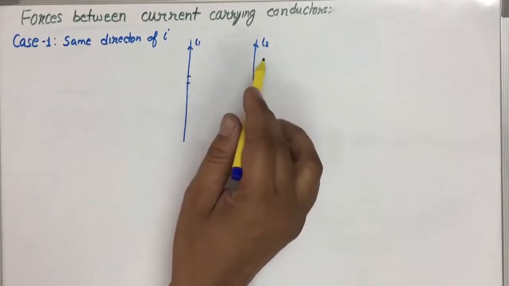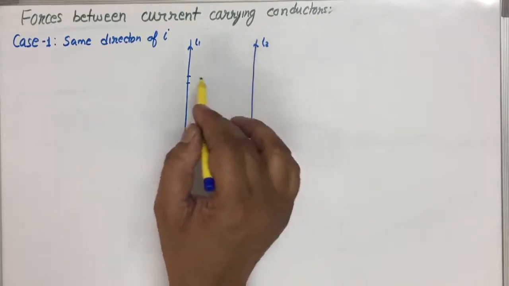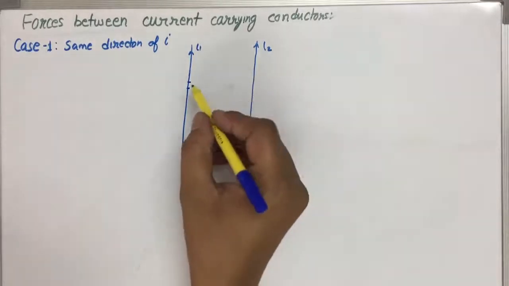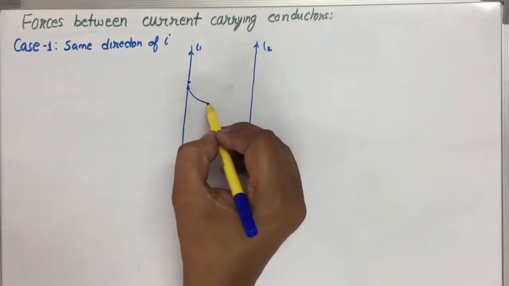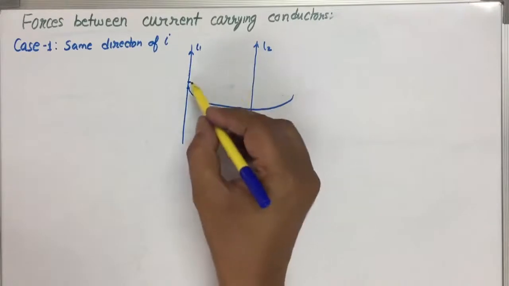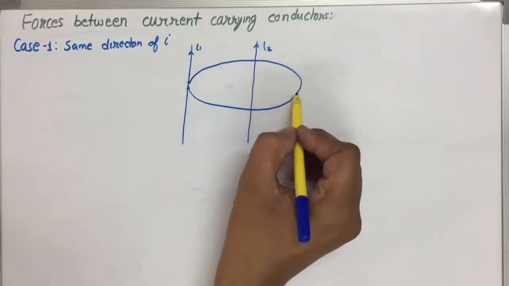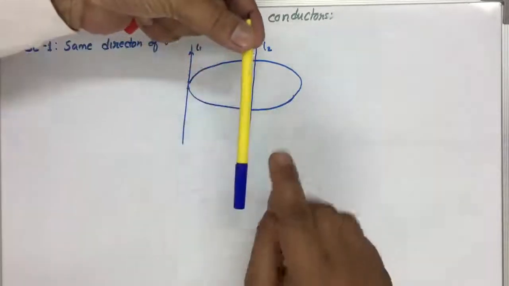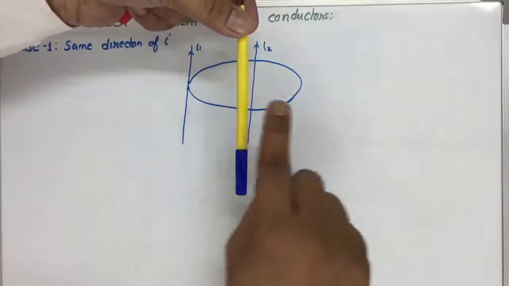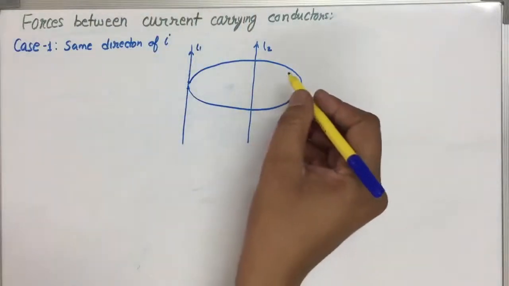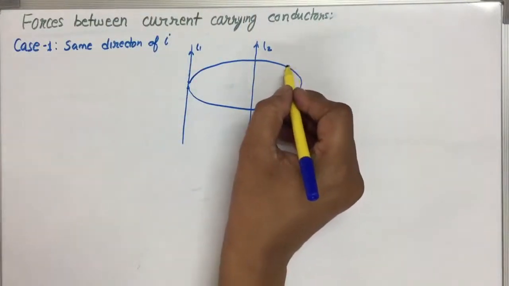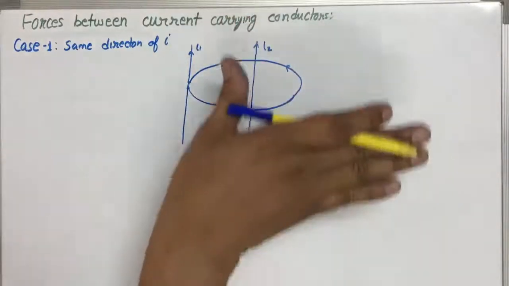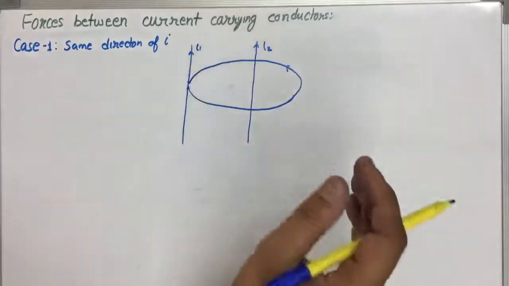We will consider that it is generating a magnetic field and this is placed in that field, and due to this current the field will be, for example, this is the current, the field will be like this. This is what I am trying to represent. It will be anti-clockwise as the current is moving like that. Current is moving this way, the field will be anti-clockwise.